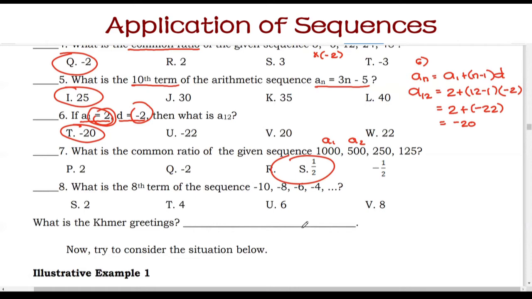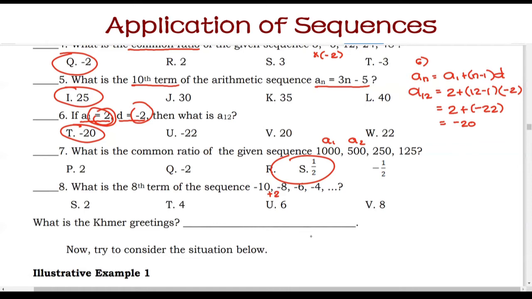Okay? I'll show you both. So first, you need to see the pattern. How was this negative 8 obtained from negative 10? Or this negative 6, how was it obtained from negative 8? Do you see it? It's plus 2. See? So therefore, we just add 2 to get the next term.